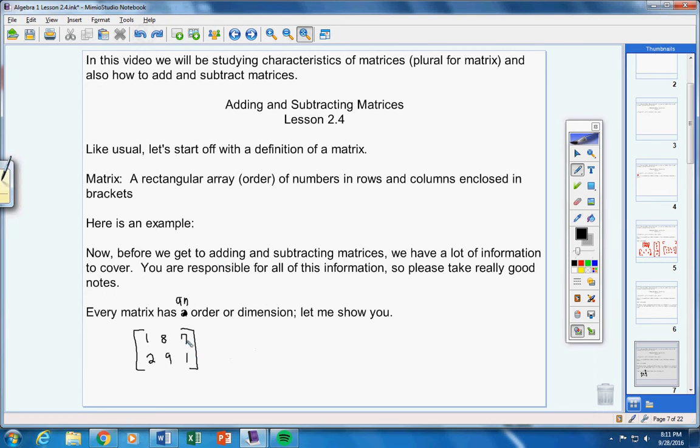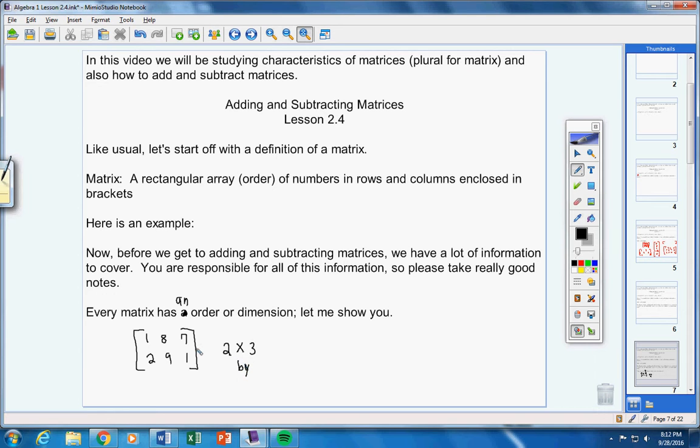You count the rows first. How many rows do I have? 1, 2. Write that down, please. Now count the columns. 1, 2, 3. 3 columns. And you put a little X here. That X does not mean multiply. It means by.